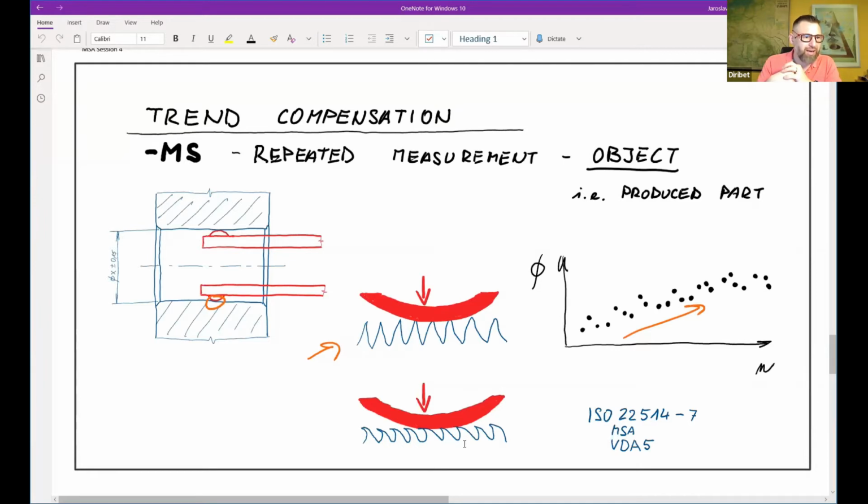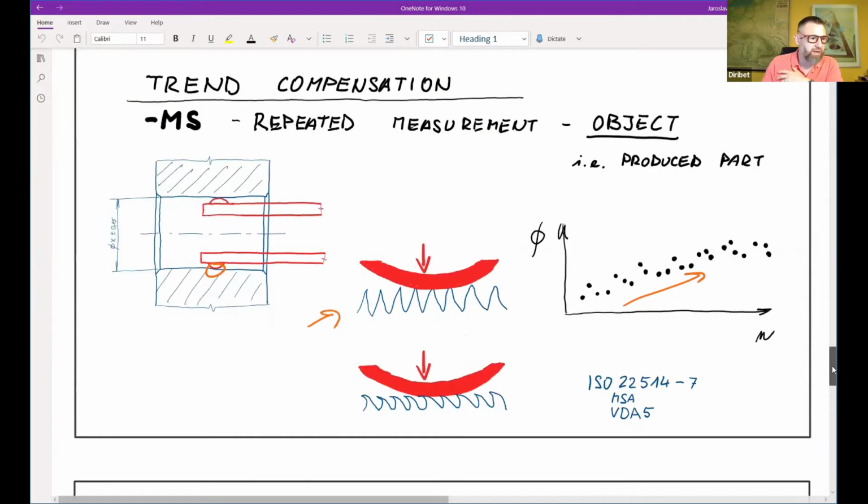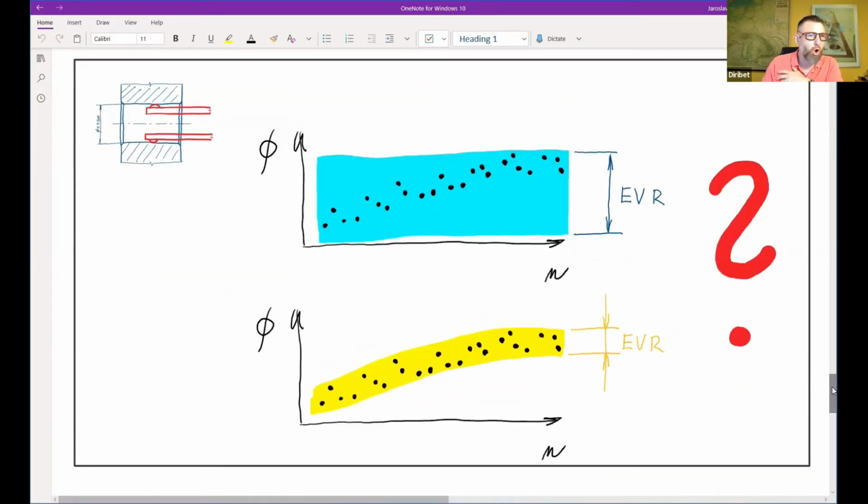And let me tell you that this phenomenon is not really covered by any of the standards that deal with measurement system analysis. It's not in the ISO, it's not in the MSA, and it's not in the VDA5 standards, in none of them. So, speaking about that, the question now is, what is the actual equipment variation on a reference?